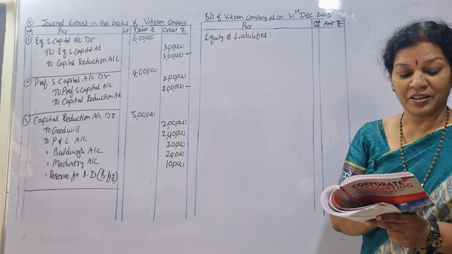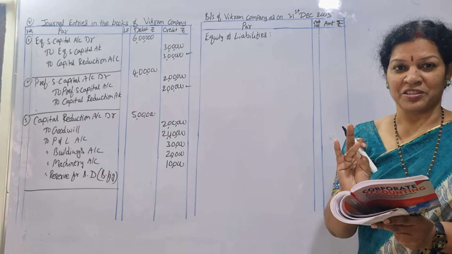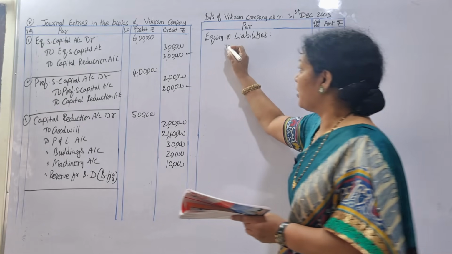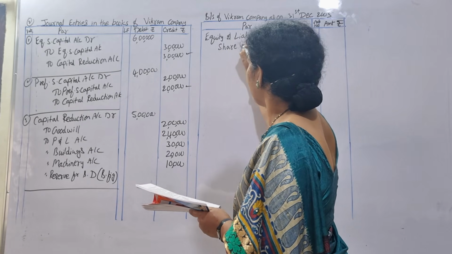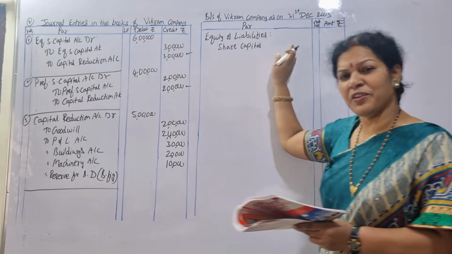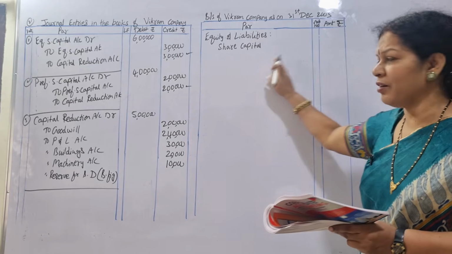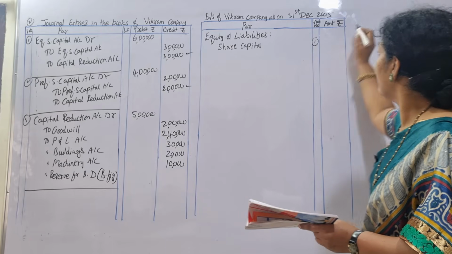How many shares are there? One is preference shares and also equity shares. You can write here shares, or share capital you can say. We can write preference shares and equity shares separately, or otherwise we can show it in note number 1.